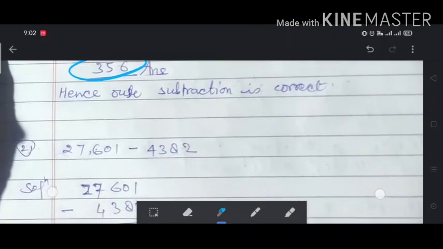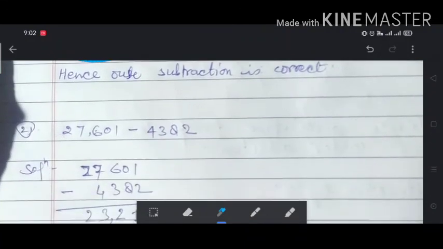Now let's see the next question. In the next question, 27,601 minus 4,382.